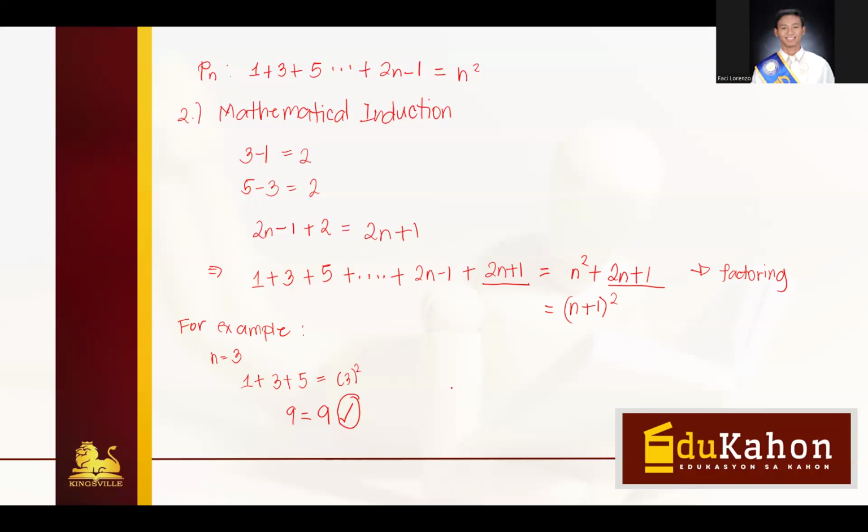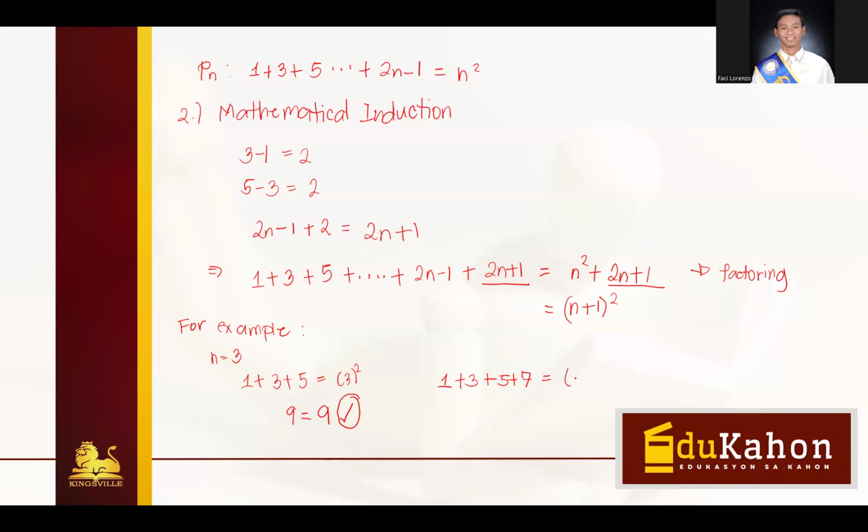What if we add another value for the term, for your fourth term? We know that the next term after 5 is 7 because 5 plus 2 is 7. So let's have 1 plus 3 plus 5 plus 7, right? This is what we call adding the terms having four terms.